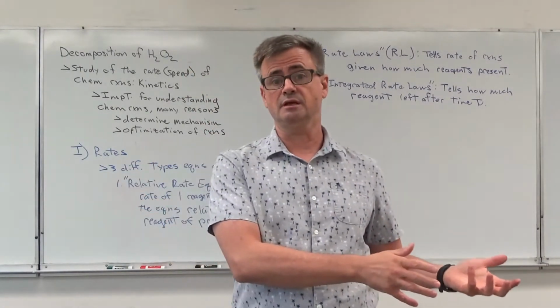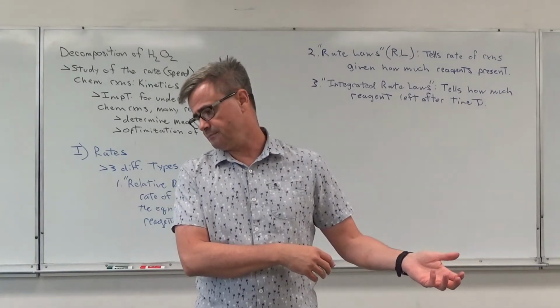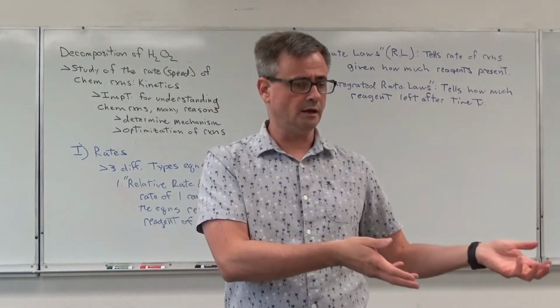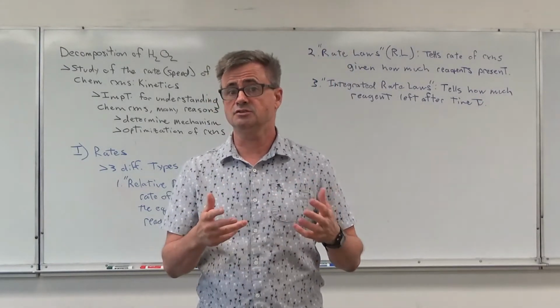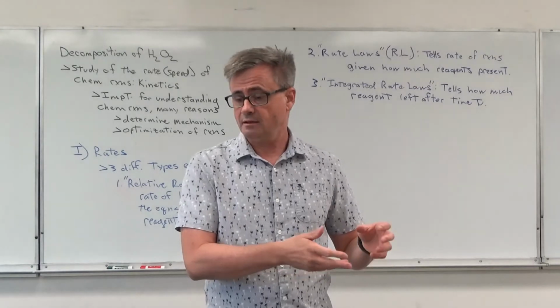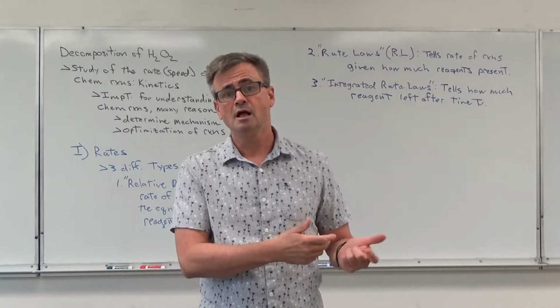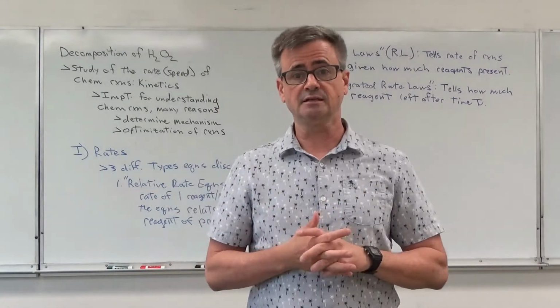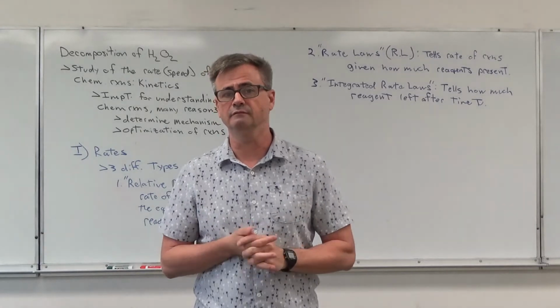Just like my bologna example, bread has a different effect on the rate of sandwich making. You can also have things that have to be there in order for the reaction to happen at all, but they may not actually affect the rate of reaction. The rate of reaction may be independent of the concentration of that.